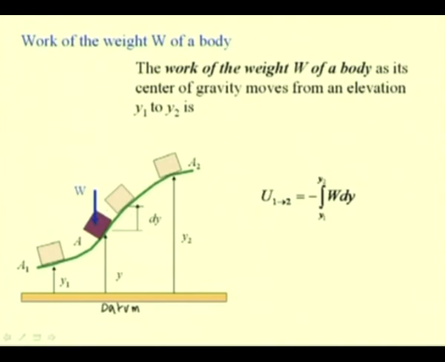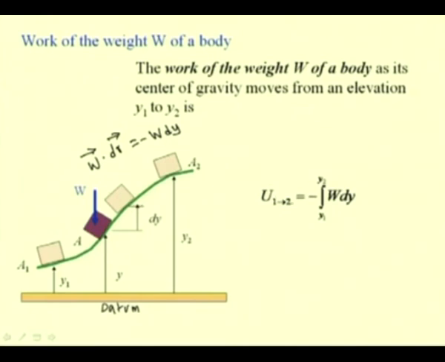So, the work done, which is W vector dot dr, is nothing but minus W dy, because these two vectors are in the opposite direction. W is in the downward direction and the displacement vector dr, or in this case dy, is in the upward direction. So, we have this negative sign because of the opposite sense of these two vectors.